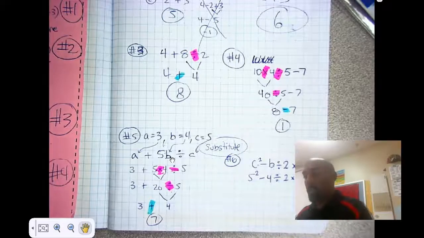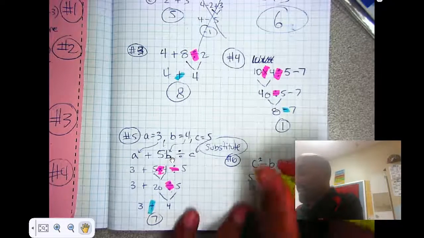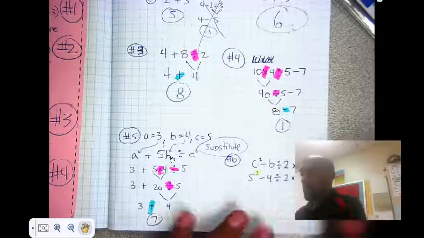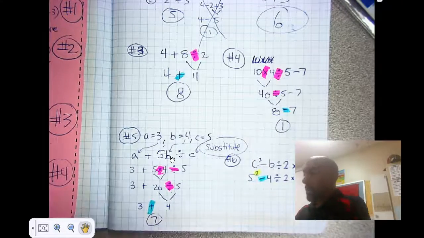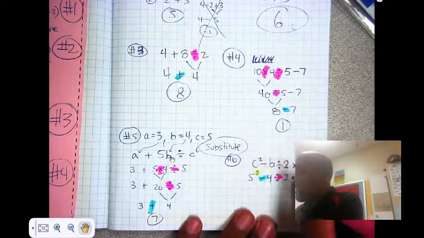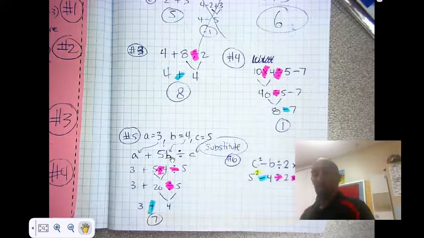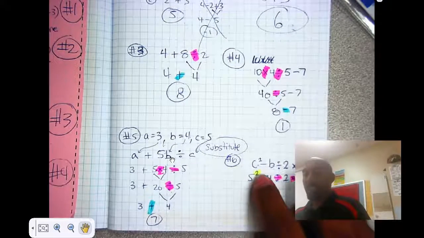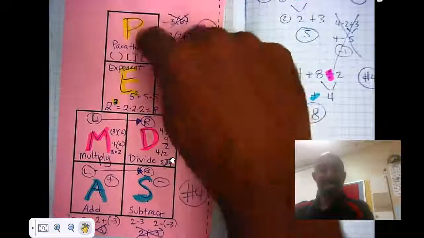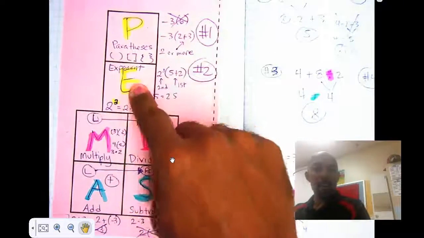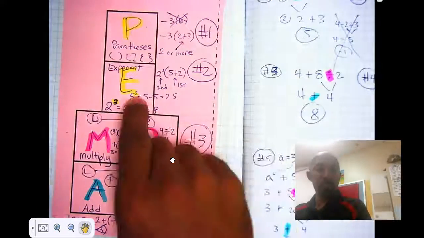Well, first I need to see that I have exponents. I have subtract, I have divide, and multiply. Now remember, the little 2, that's an exponent. If we go over here, parentheses, exponent, the little numbers.